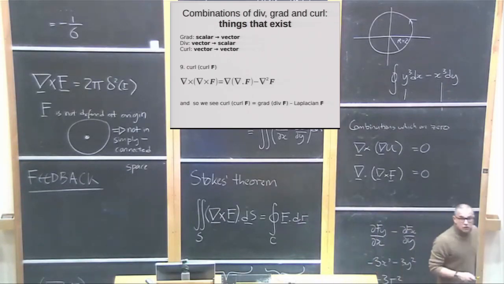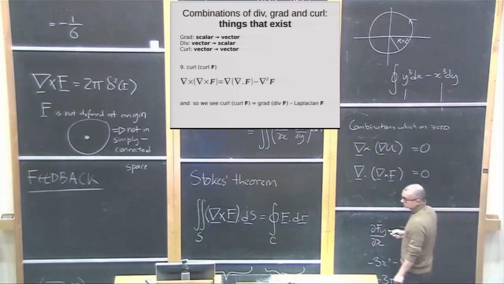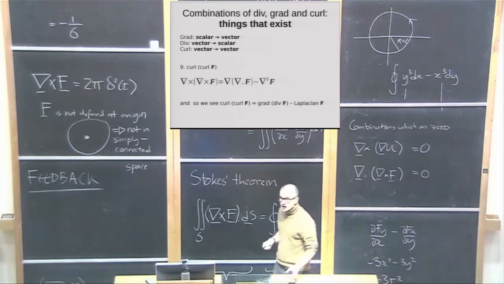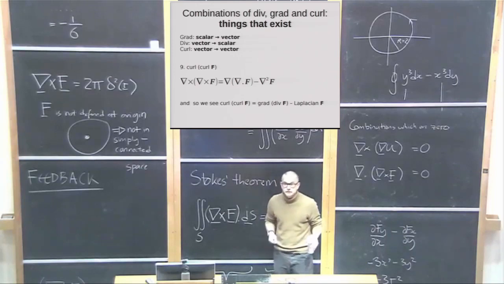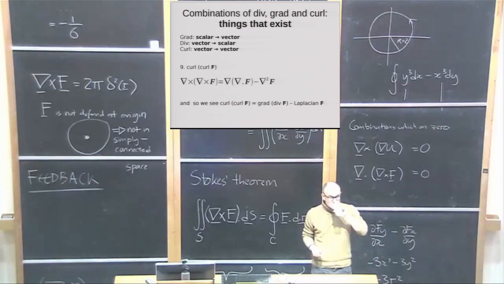This one you will come across, I think, occasionally. The curl of curl is given by the gradient of the divergence of the vector field minus the Laplacian of that vector field. So this one, I think you will have a few derivations and expansions which you do in the second year where you will use this expression.